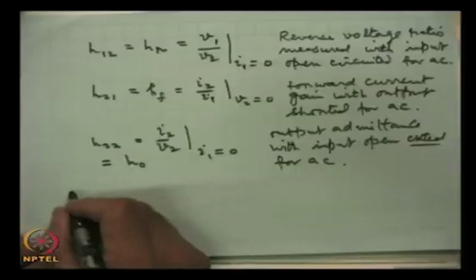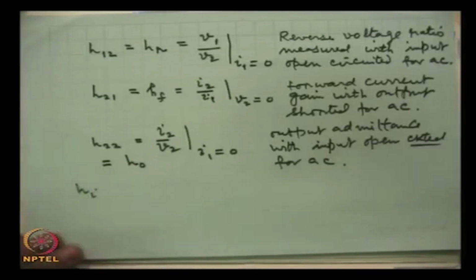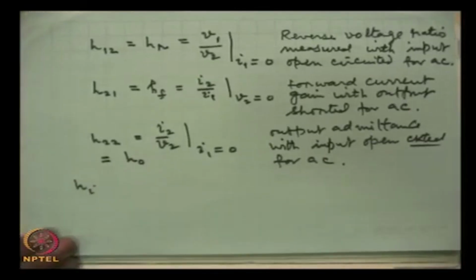Now these parameters, as I said, are applicable for every circuit. The input impedance HI, this is again very important in the nomenclature, how we express it for different circuits.